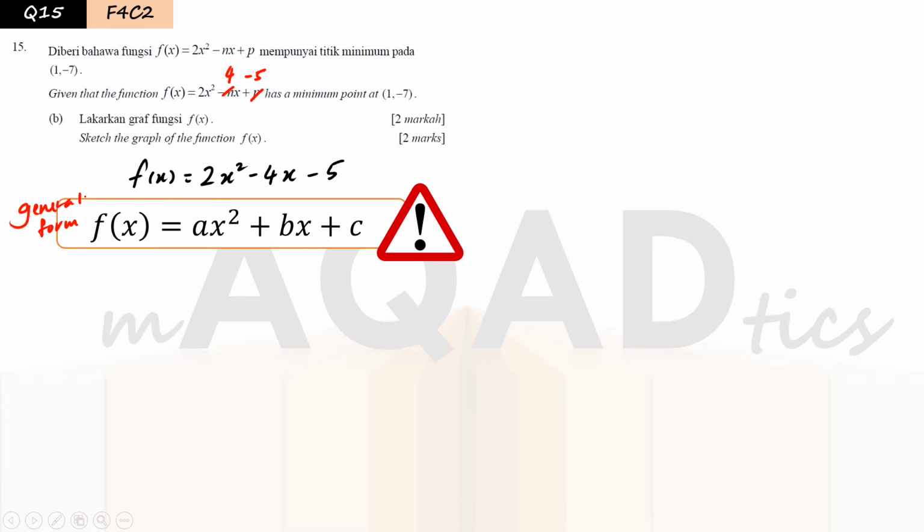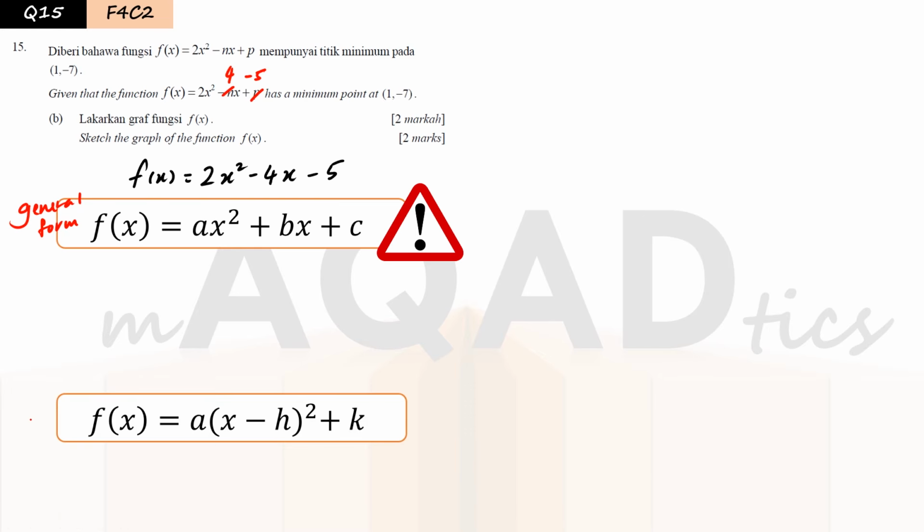And before we draw the graph of this function, we first need to understand each of the things in the general form, which is a, b, and c. What do a, b, and c here mean, and how do they affect our graph? Alright, and also just now in part A, we used the completing the square method to change this general form to the vertex form.